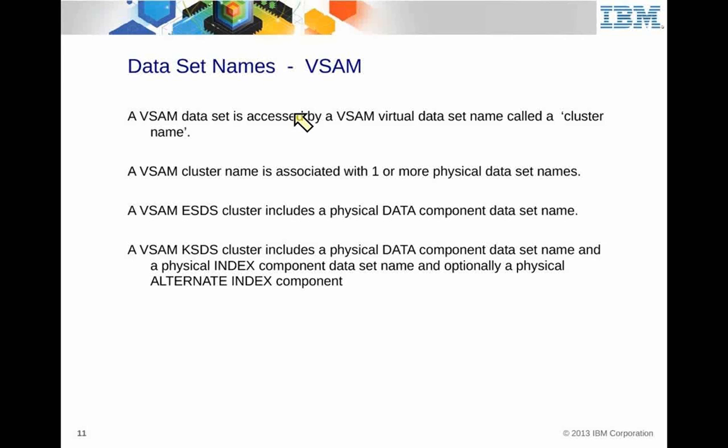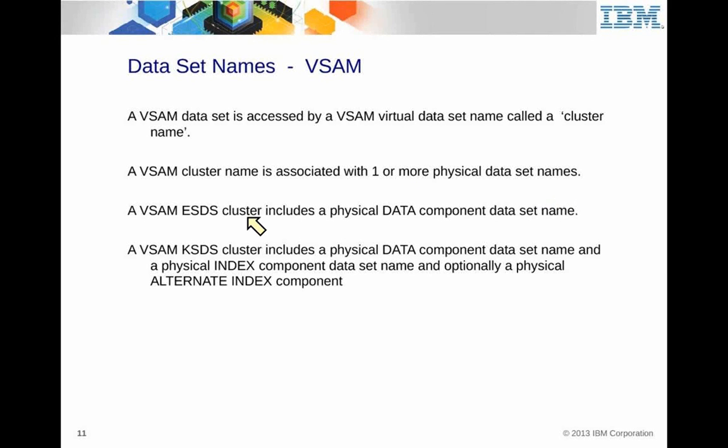VSAM. Now, one thing about a VSAM data set name is accessed by the access method, and the way the system accesses VSAM is through something called a cluster name. Why cluster name? Because a VSAM cluster name can be associated with one or more physical data set names.